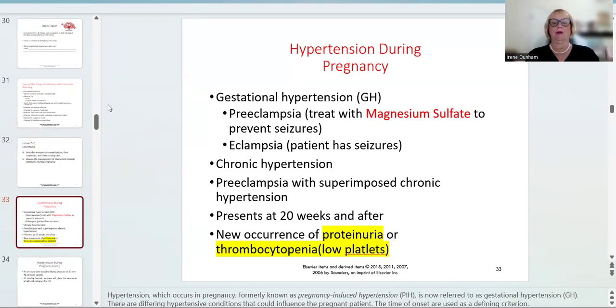There I am with the magnesium ready to put into her, 4 grams loading dose. But I knew she was already seizing. And I knew this patient now could be set up for what we call HELLP syndrome. HELLP. Okay. So H stands for hemolysis.